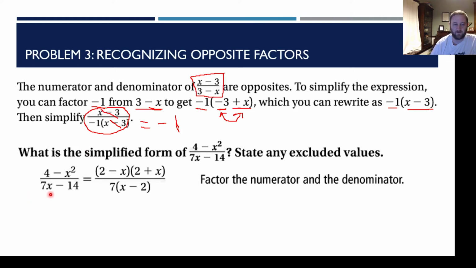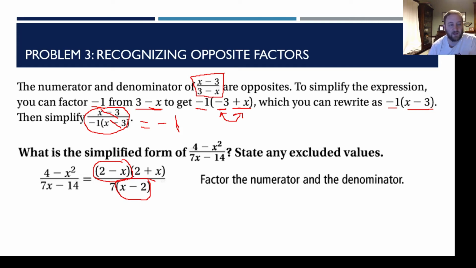Now factoring the bottom, we want to factor out a 7. It's going to be 7 times x minus 2. Now, here's where it gets tricky. You might think, oh, there's no common factors here, right? Well, we've got 2 minus x, and then we've got x minus 2.